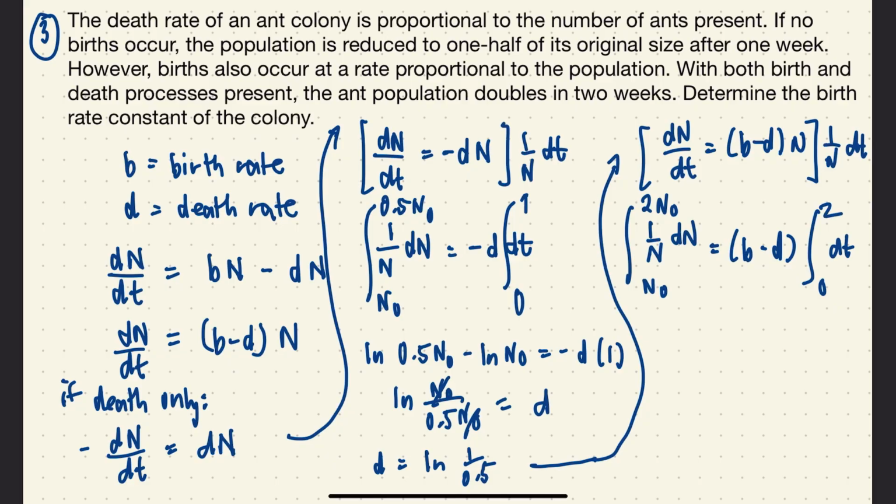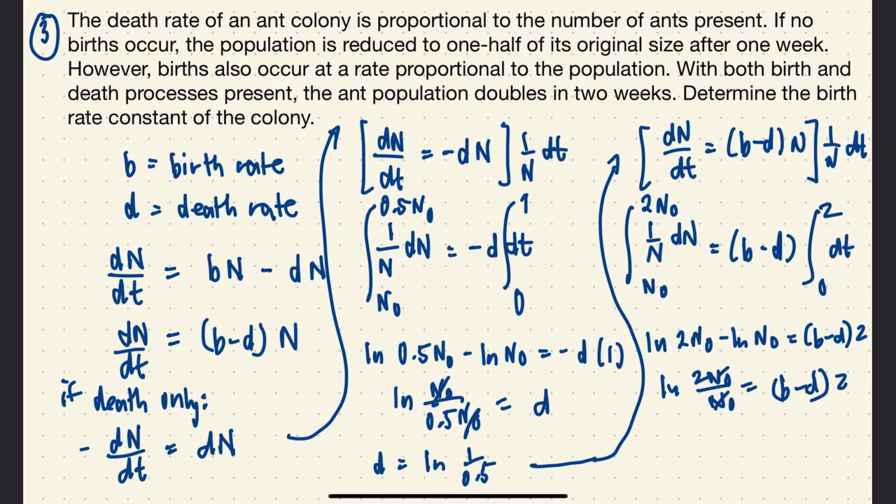So we just integrate both sides. So this becomes ln of 2N sub o minus ln of N sub o is equal to B minus D times 2. Rearranging the ln, this becomes ln 2N sub o over N sub o, cancelling N sub o, we have B minus D times 2.